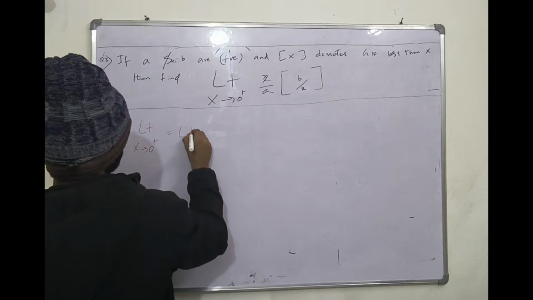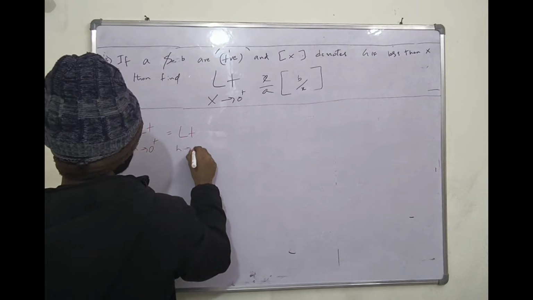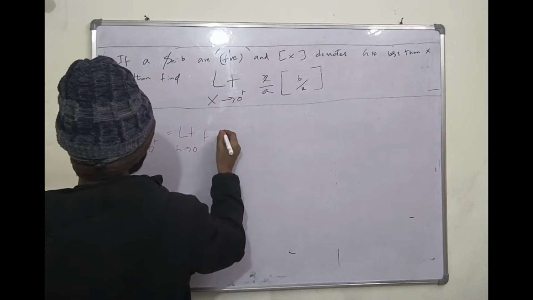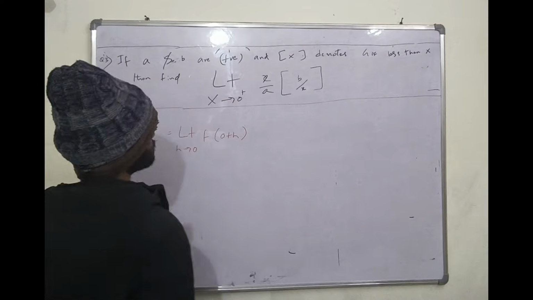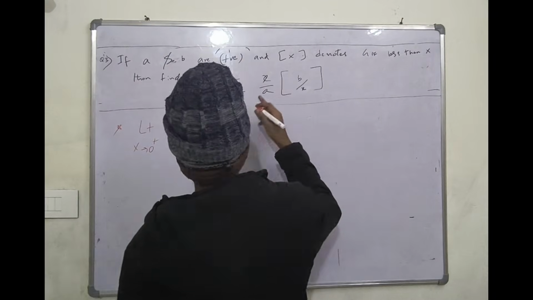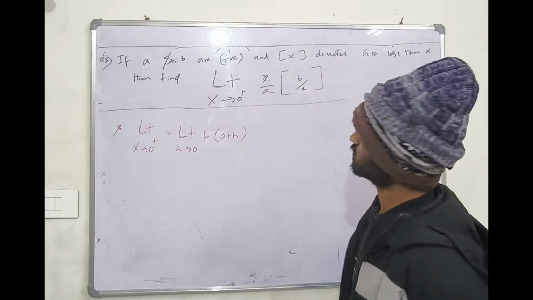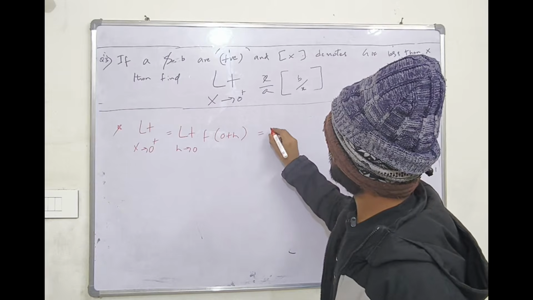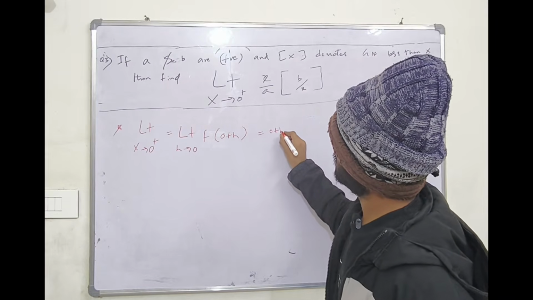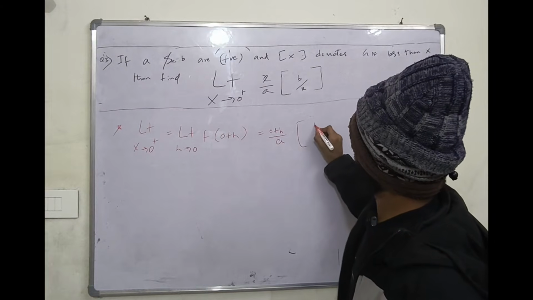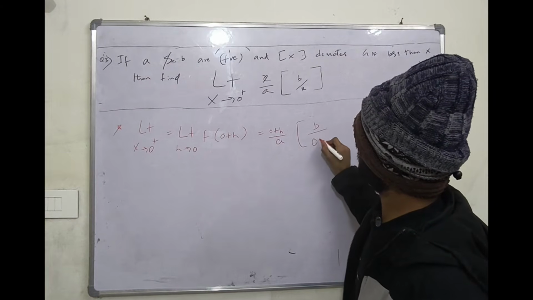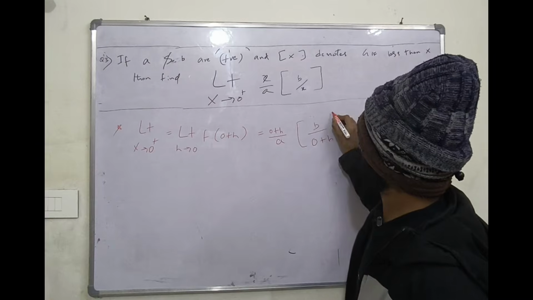This is limit h tends to 0 of f of 0 plus h. If you keep h here, this is 0 plus h by a into step of b by 0 plus h.